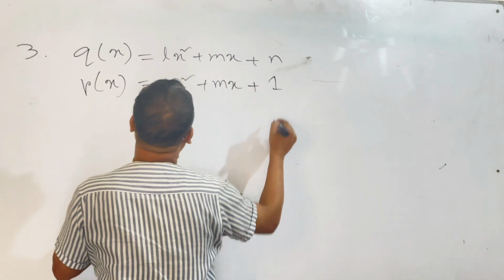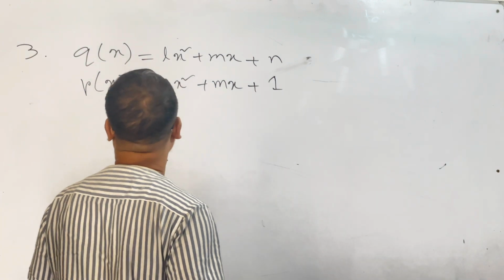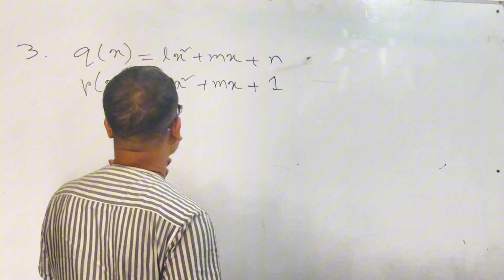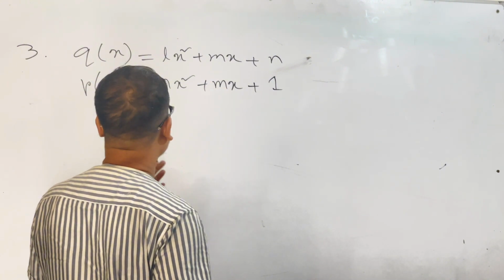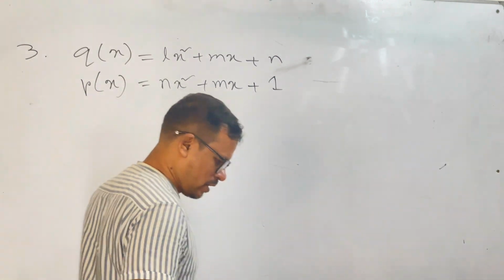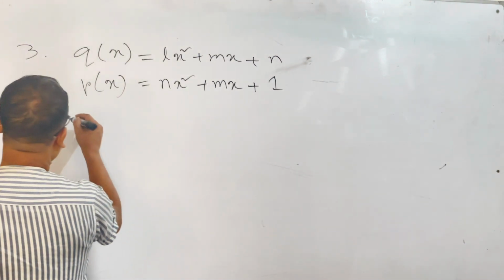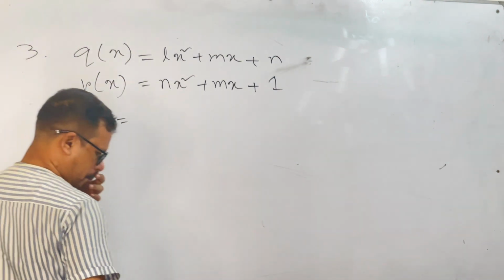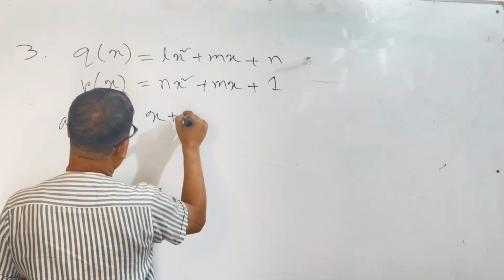Function of x equal to x square plus mx plus n, function of x equal to nx square plus mx plus 1. This is the stem, and z bar equal to x plus i y.